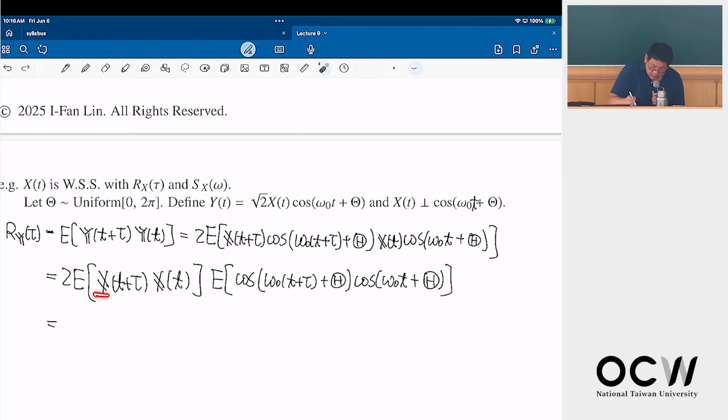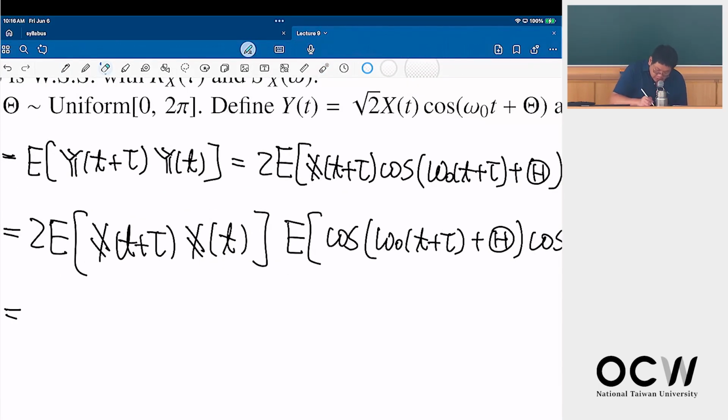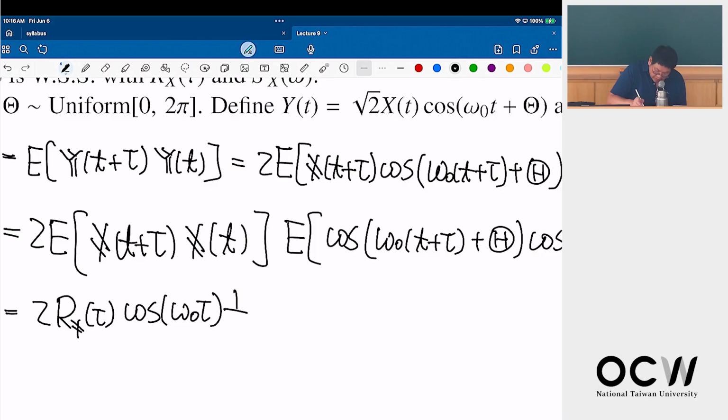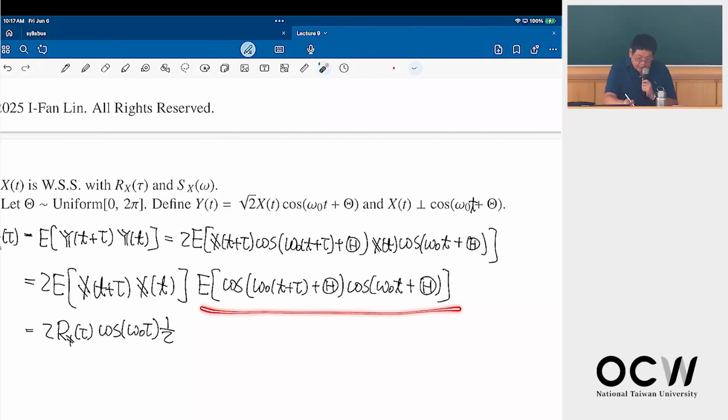So the first one, that's the autocorrelation of x. So 2 times the autocorrelation of x, and then the rest will be cosine omega naught tau times 1/2. And I think we practiced that a lot in the previous two lectures.